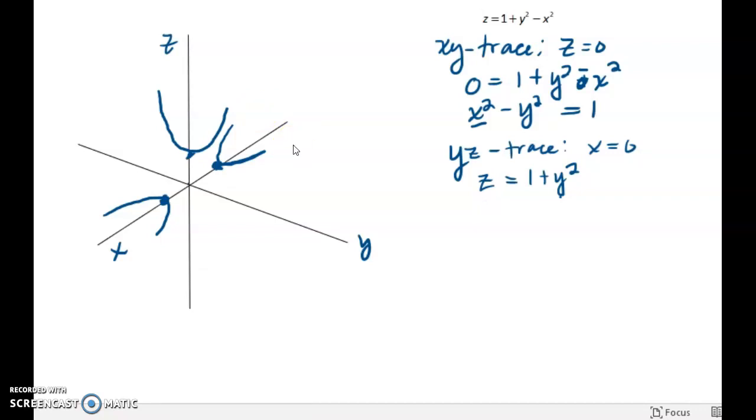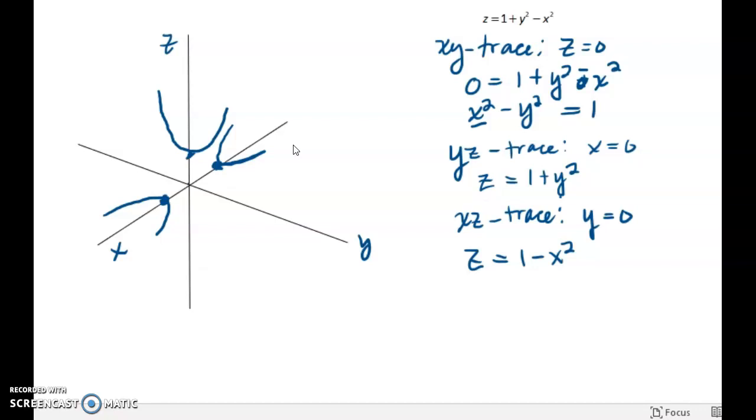We haven't done the XZ trace. Defined by y equals 0. So I set y equals 0. I get z equals 1 minus x squared. That's in the xz plane.